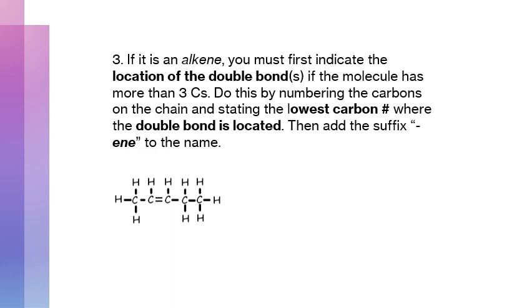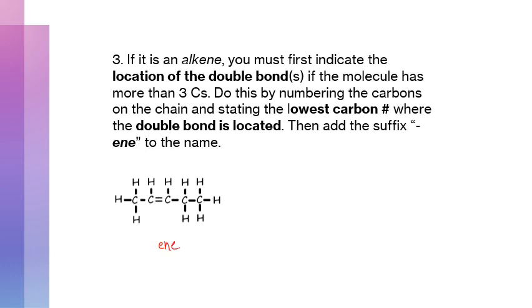If it is an alkene with a double bond like this, no big difference. The only difference is you will end the name with ene and you will number the carbon atoms in such a way that the double bonded carbon will have the least number. What does that mean? Let us see. So the name should end in ene because I already see a double bond here.